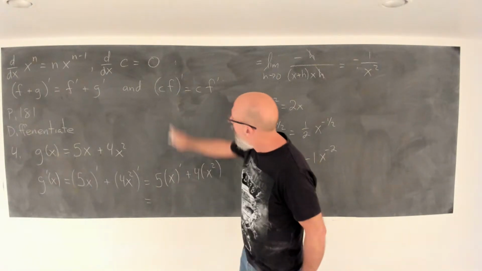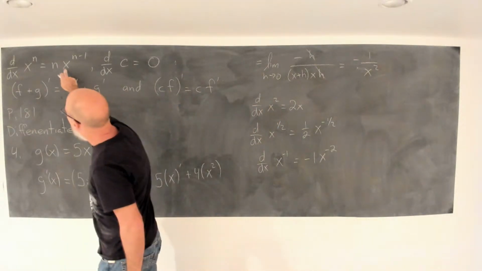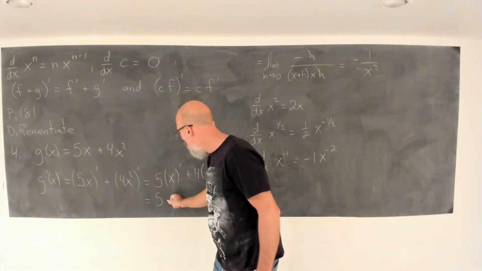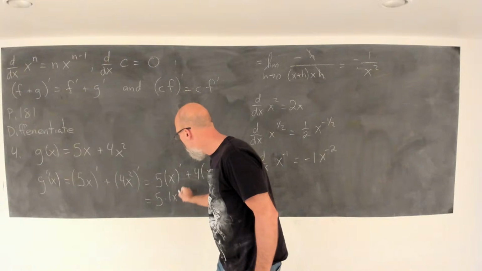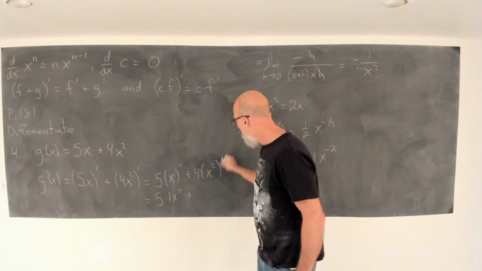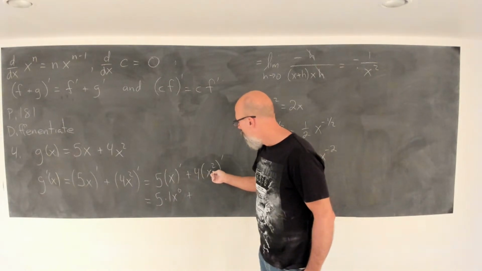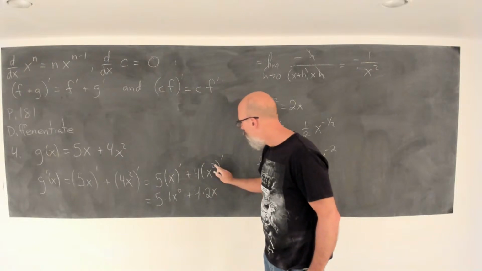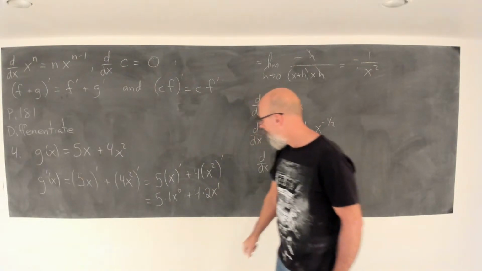But the derivative of x, by this property, you bring the 1 down. This is 5 times 1 x to the 1 minus 1, which is 0. And here, sorry, I'm missing a prime here. The derivative of x squared, bring the 2 down and subtract 1 from the power.